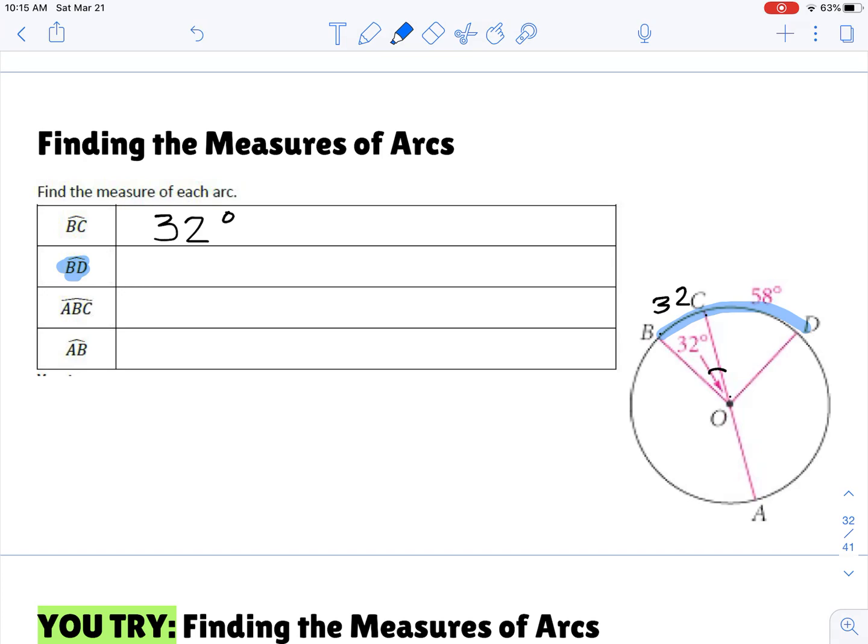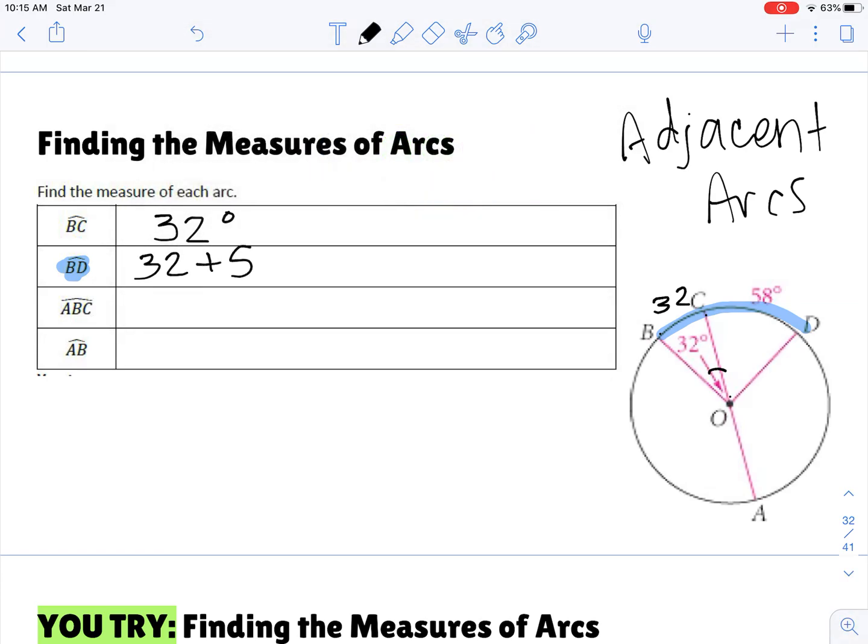These are what we call adjacent arcs, meaning that they're next to each other. We can just add their measurements. 32 plus 58. Therefore, this would have to be 90 degrees. So the measurement from B to D is 90 degrees.